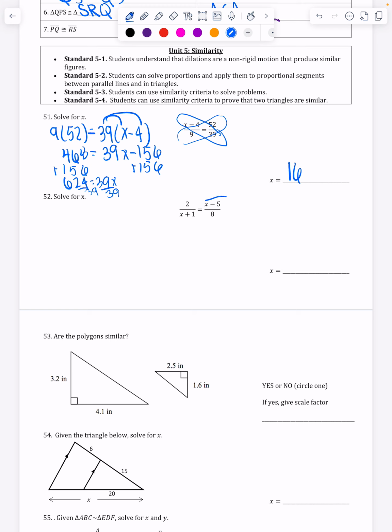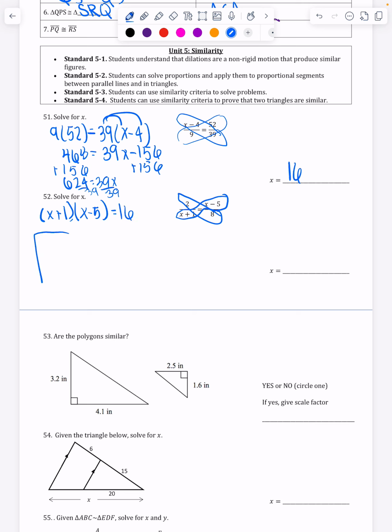Okay, over here, we have two binomials, so it's a little different. So we're going to do 2 times 8, which is 16, but we've got to multiply x plus 1 times x minus 5, and it's going to be equal to 16.